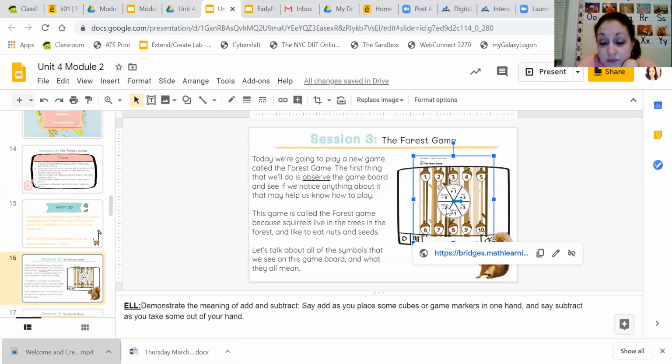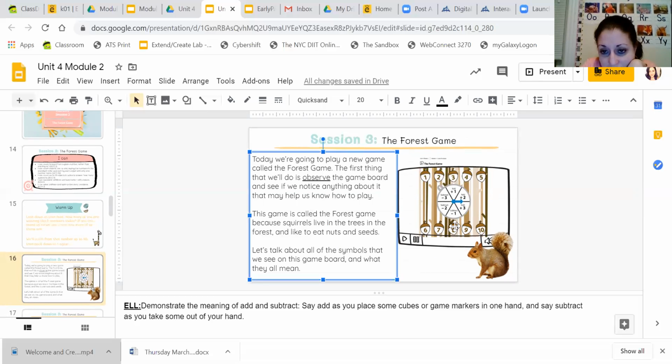But before we even play the game, I want to talk to you about what symbols I see on this game board. I see numbers on this game board: 1, 2, 3, 4, 5, 6, 7, 8, 9, 10. And on the spinner, I see +1, +2, +3.